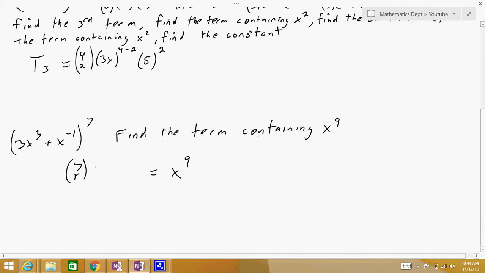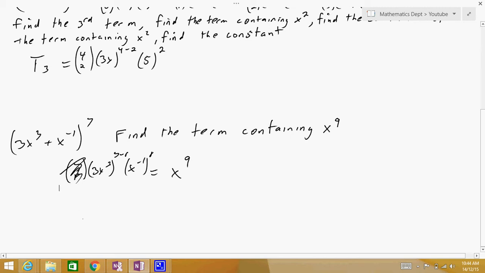Then we've got the first term, 3x to the power 3, to the power of 7 minus r, and x to the negative 1, to the power of r. Now once again, we don't care about the numbers for now. We just want to figure out what the r value is. What would give me x to the power 9?